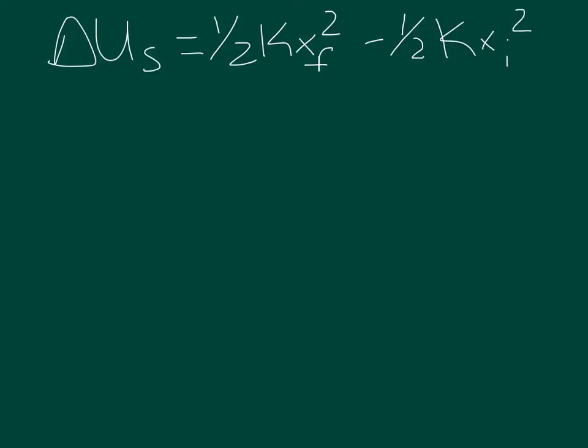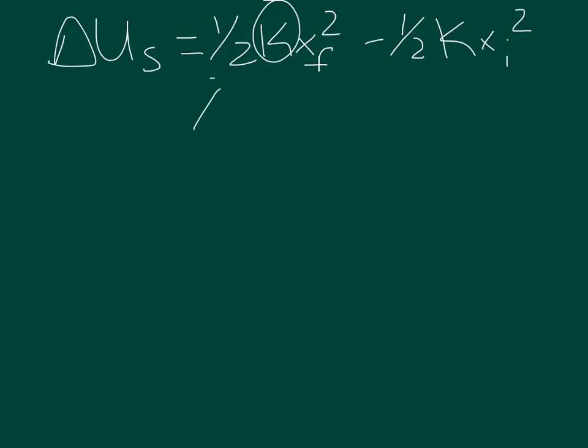So we're trying to find k. Ultimately, when the mass, that ball, is leaving that pop gun, it's going to be at its equilibrium position. So the final position for the spring is simply going to be 0, because the spring goes back to its restoring position, which is equilibrium, which is 0.